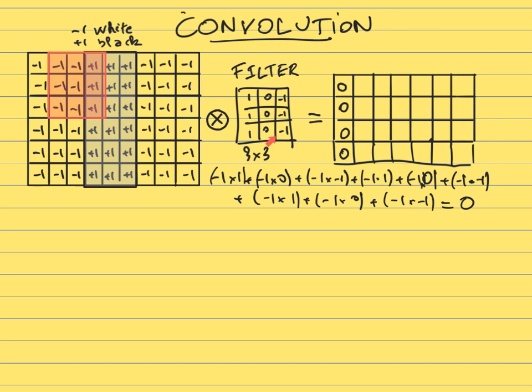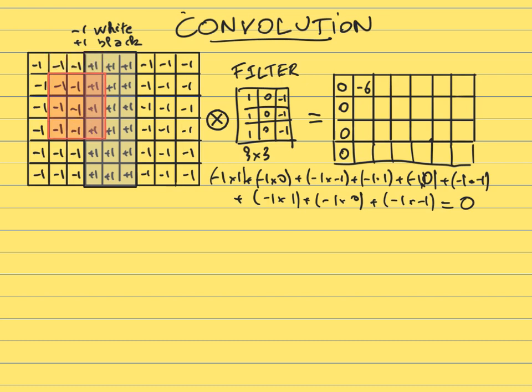They are going to be multiplied by 0. And then you have plus 1 plus 1 plus 1 that are going to be multiplied by minus 1, minus 1, minus 1. So you will get minus 3. So you will get minus 3 plus 0 plus minus 3. So now the result of this convolution operation will be minus 6. That's what you will get.